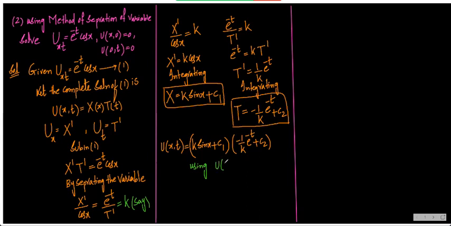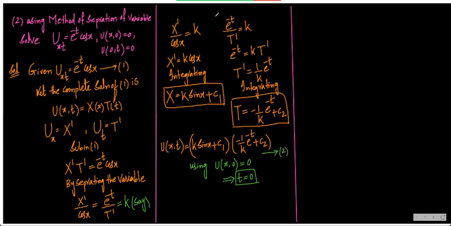u of x comma 0 is equal to 0. It means that for t we have to put 0. Correct? u of x comma 0, compare with this, means t we have to assume as 0. So taking t is equal to 0, substituting t is equal to 0 in this equation number 2.